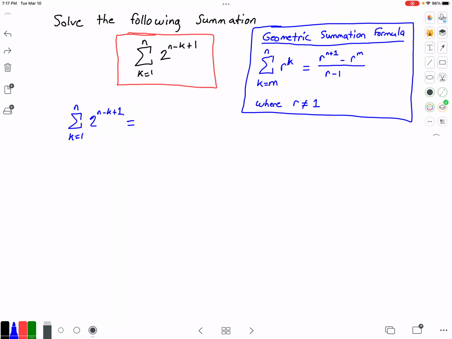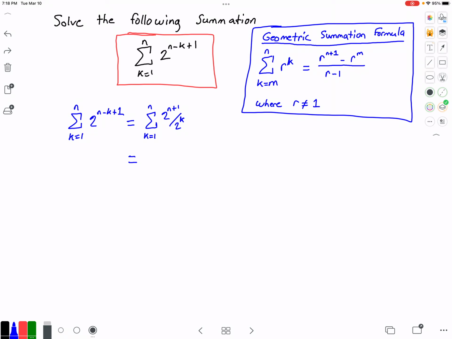So this is equal to the summation from k equals 1 to n of 2 to the power of n plus 1 divided by 2 to the power of k. Hopefully you see how I got that. We still have our n plus 1 up top, and instead of 2 to the power of negative k, we have 1 over 2 to the power of k.